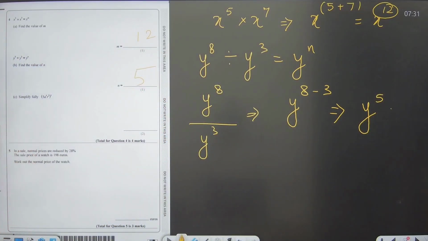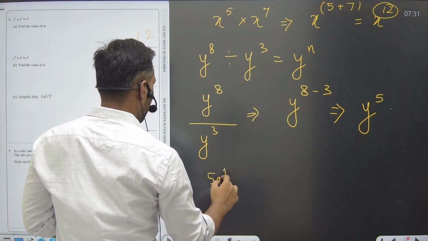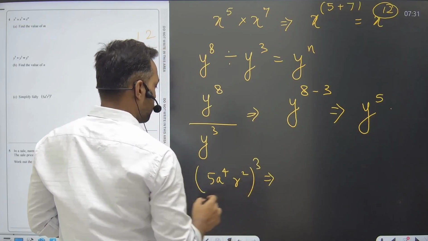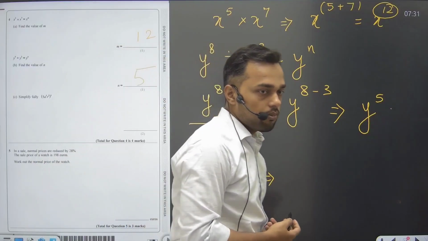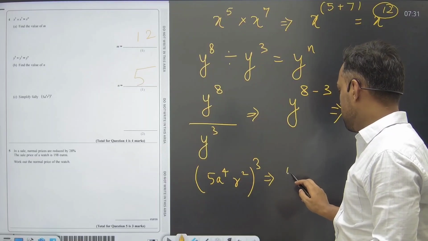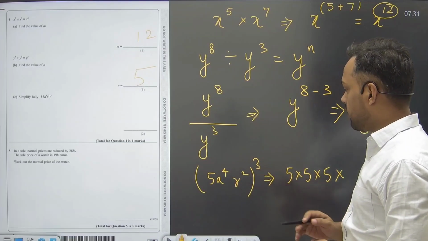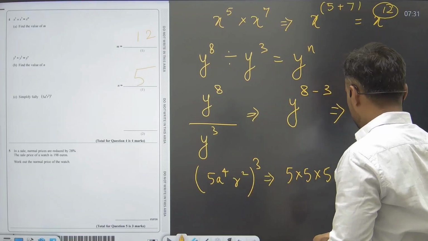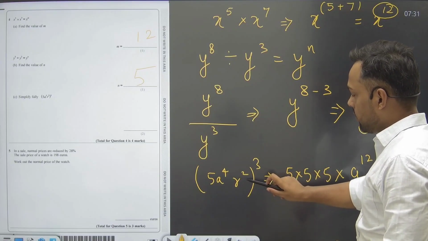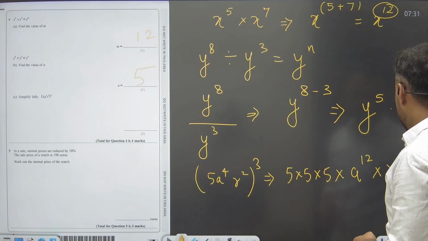Now if I say simplify fully, the next question is (5a power 4 r square) whole cube will be equals to, now the cube of this particular number, if I open it individually, you'll get 5 cross 5 cross 5, and for a the power will be multiplied here, so a power 12 cross r power, the original power inside the bracket was 2 and outside the bracket is 3, so it will get multiplied, that is equals to 6.